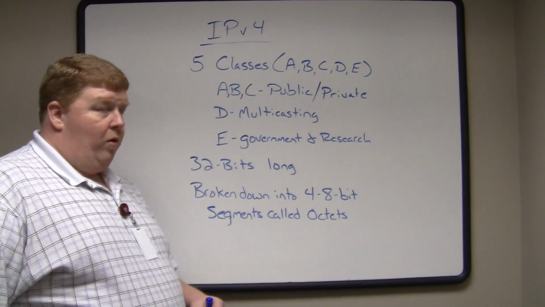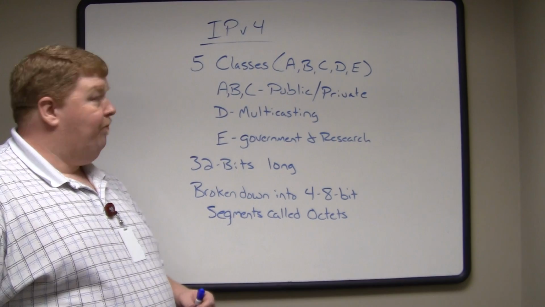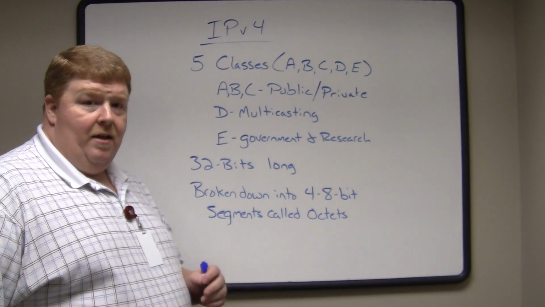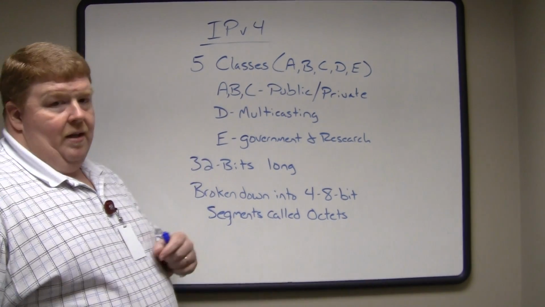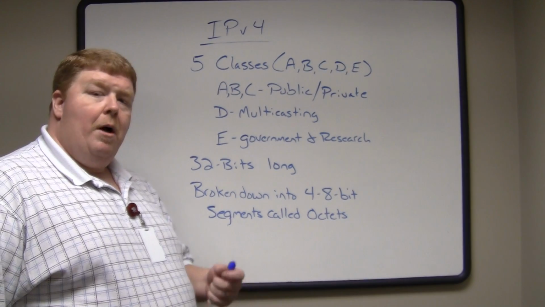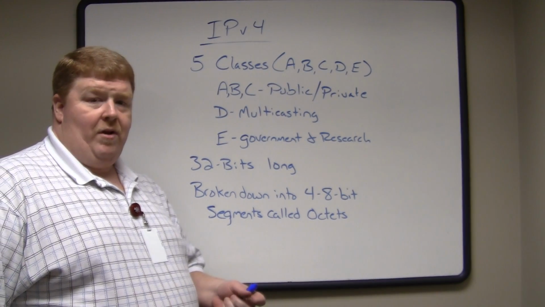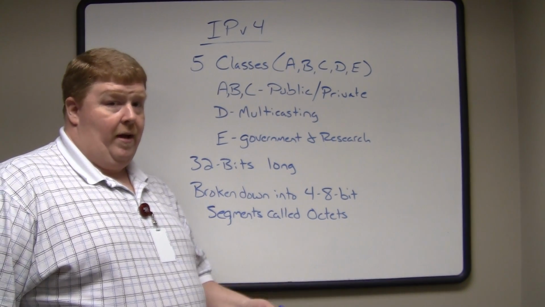If you see here on the board, IP version 4 is broken down into 5 classes, and the classes are simply A, B, C, D, and E. Classes A, B, and C are reserved for what we call public and private use. A public IP address is an IP address that you're going to find on the internet.